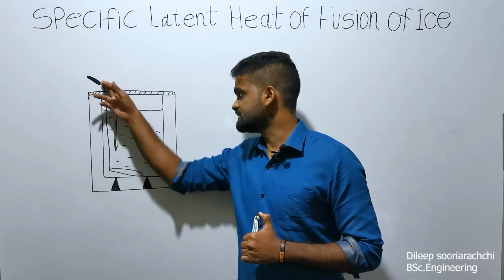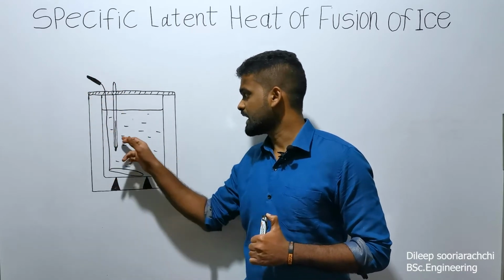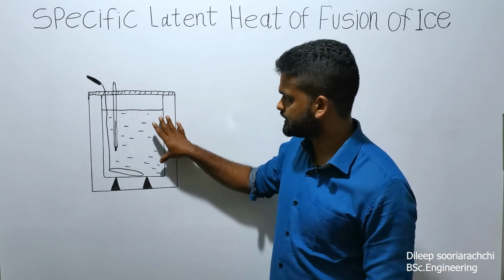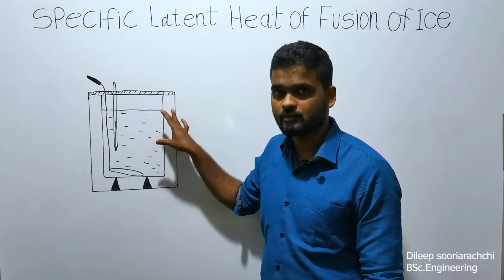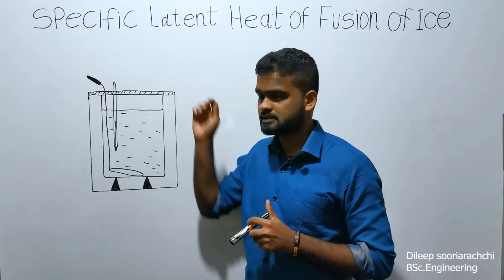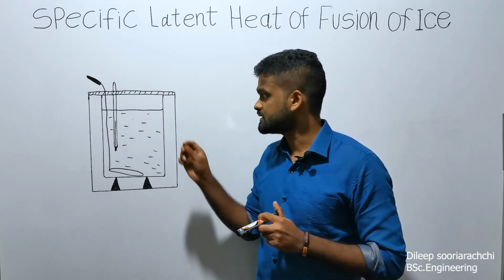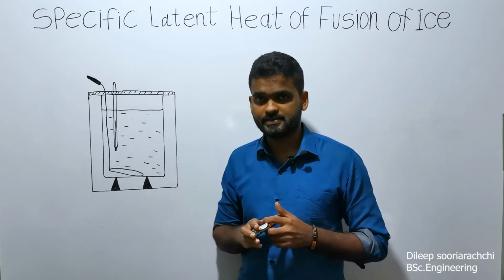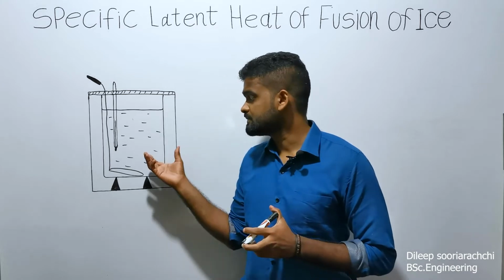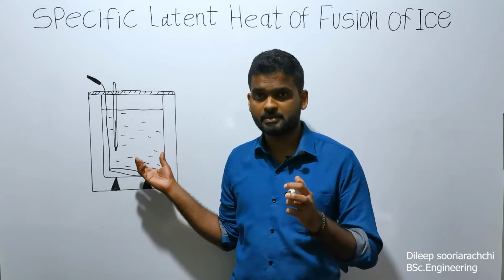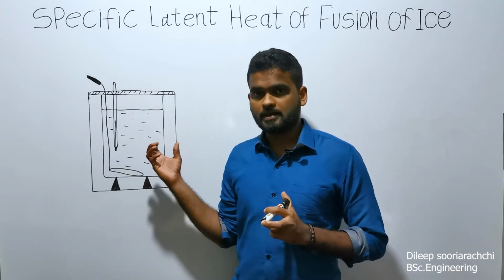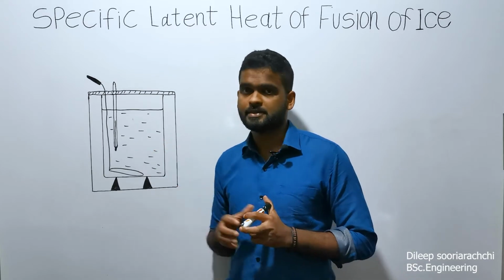As usual, there is a stirrer and a thermometer. About 2/3 of the calorimeter should be filled with water. We are going to add a sufficient amount of ice and let it liquefy inside. Since the ice is at 0 centigrade and the calorimeter and water are at room temperature, about 25 centigrade, the ice is going to absorb heat from the water and the calorimeter.